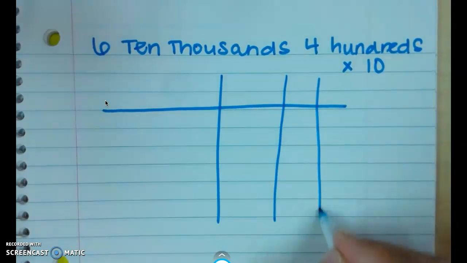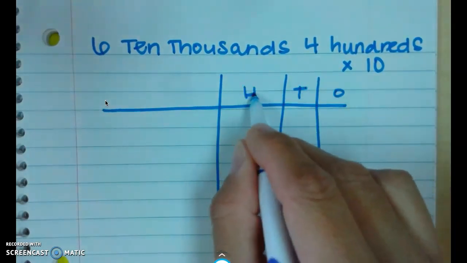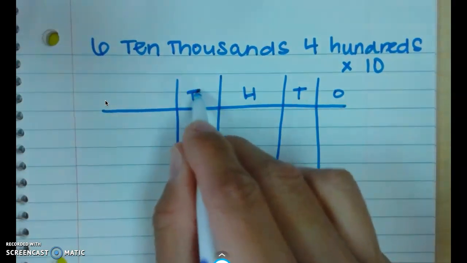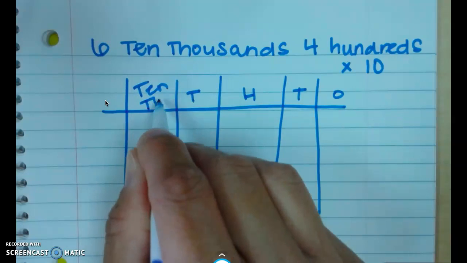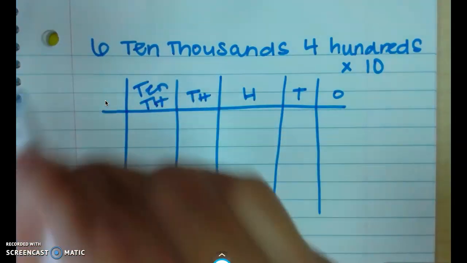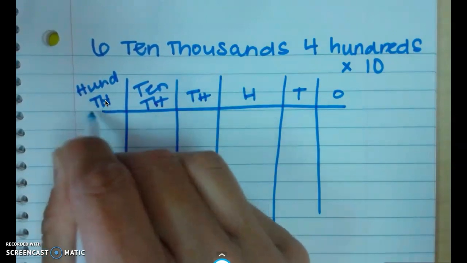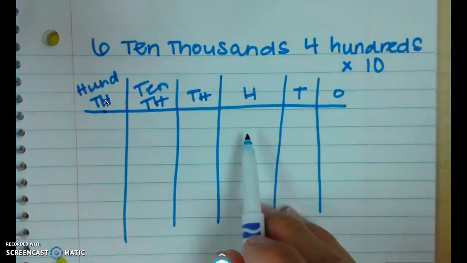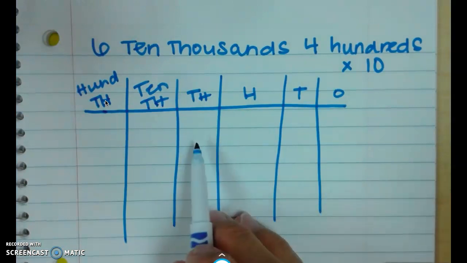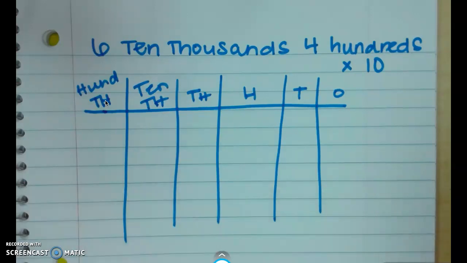So I need my ones place, my tens place, my hundreds place, my thousands place, my 10,000s place, my hundred thousands place, and I can stop there. Okay, so I got my ones, my tens, my hundreds, my thousands, my 10,000s, my 100,000s.